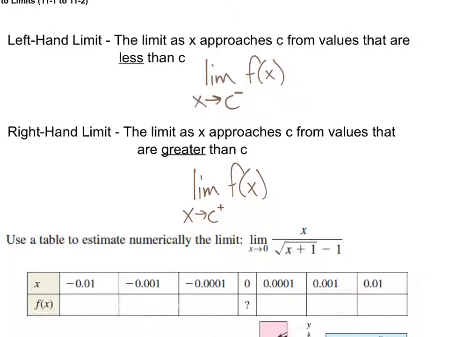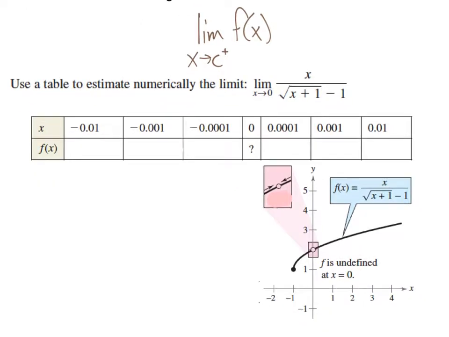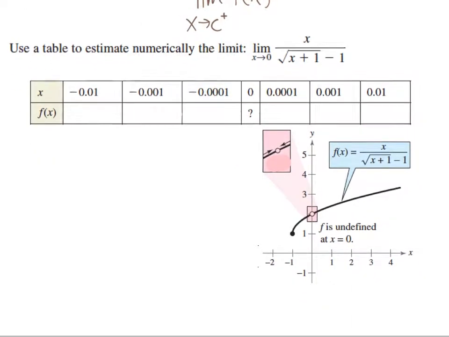All right, but this is how we are able to evaluate limits using a table. Now, if we look at this graph right here, we have the function x over the square root of x plus 1 minus 1. And you'll see there the graph of that function.